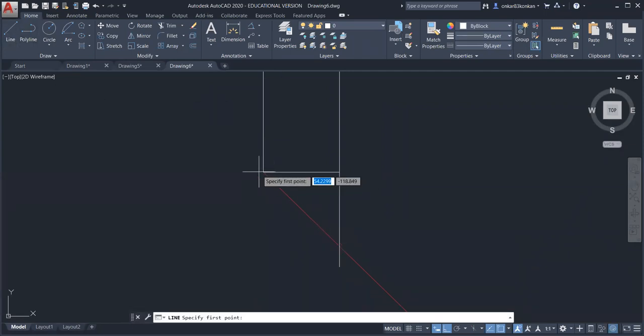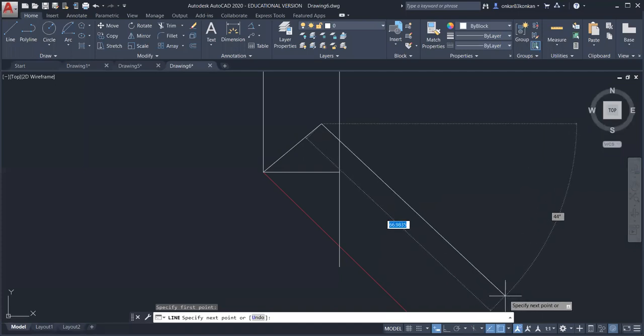Similarly, from this line, now draw this parallel line.